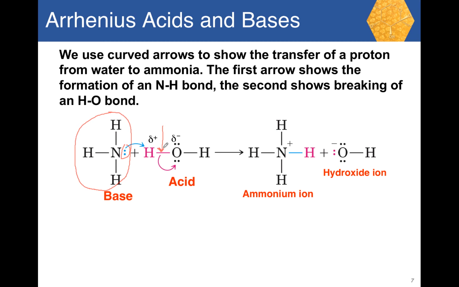You will recall from the previous chapter that water is a polar molecule and the OH bonds are polar covalent bonds, which means that this hydrogen is partially positive and this oxygen is partially negative. So if this bond were to break, it would take these electrons here, because it's electronegative. If this bond were to break, this hydrogen would go to this nitrogen with the electrons, and here it is.